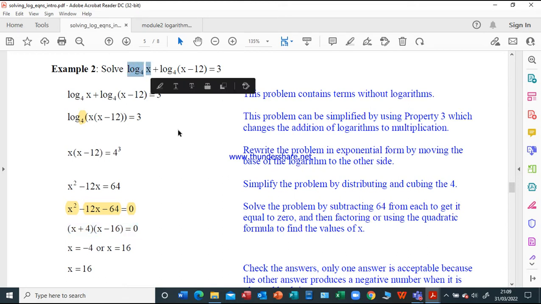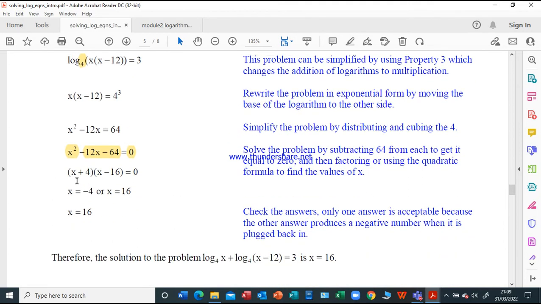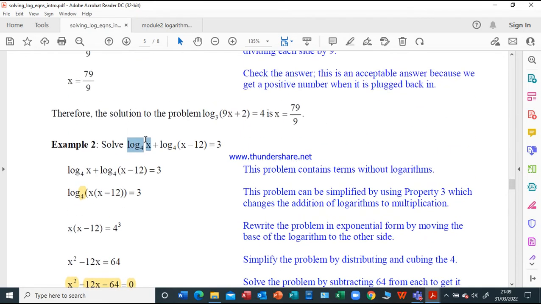This already eliminates negative 4 at this point, so you cannot use negative 4. So our solution will be the positive one, which is x equals 16, because you can't have log of a negative number. So negative 4 is eliminated right at this point if you try to plug it in.